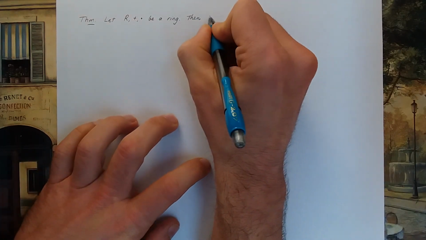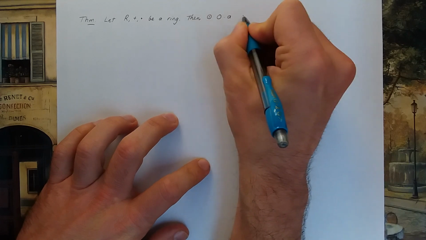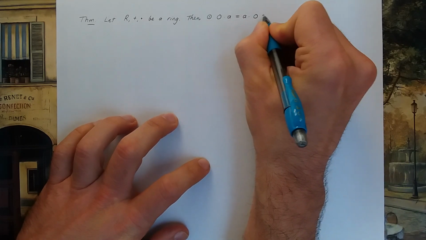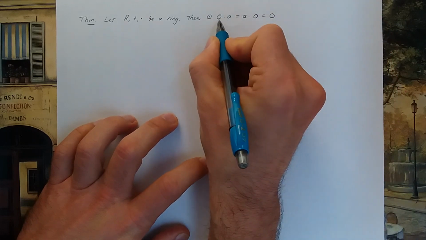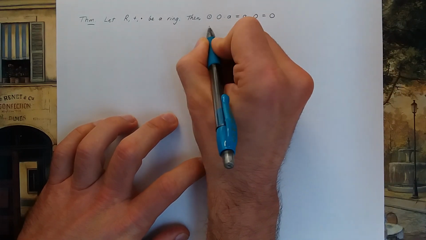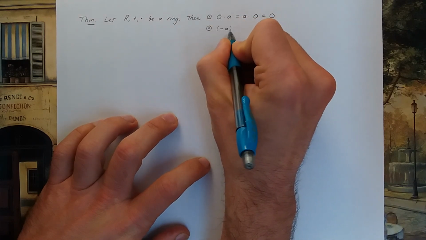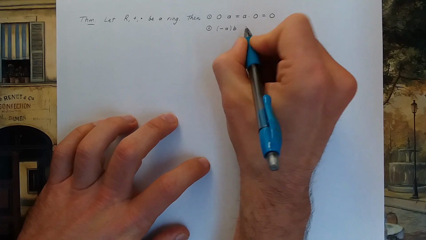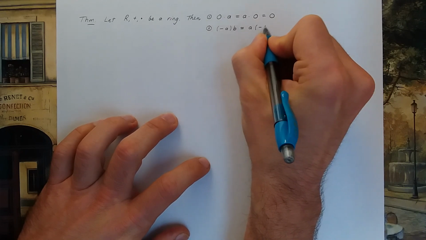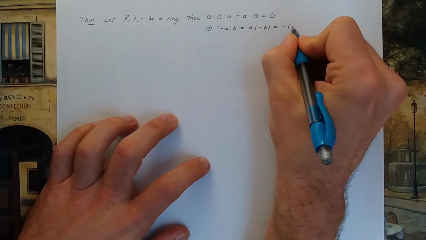The first thing I could say is 0 times A is equal to A times 0, which should equal 0. So 0 is the additive identity in the ring. Second, negative A times B is the same as A times negative B, and that's negative AB.